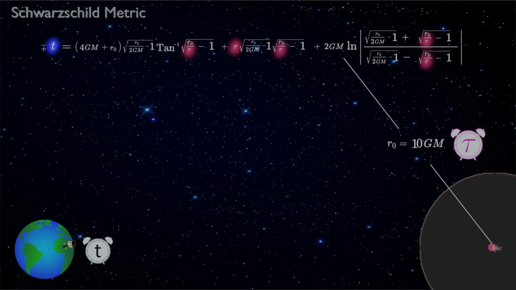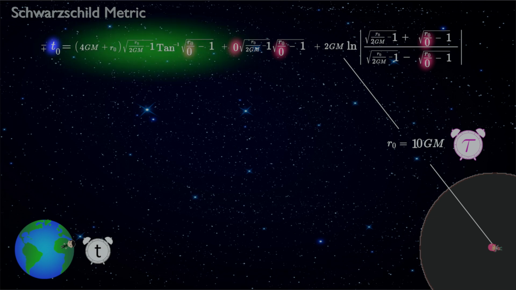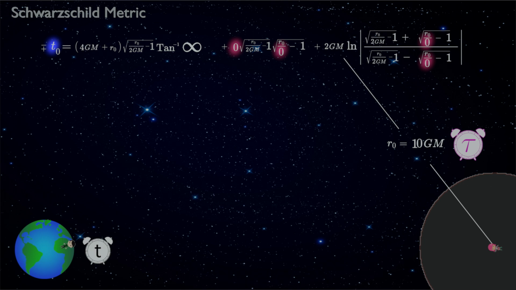Alright, this is exciting. Let's set r equal to 0 and find out how long it takes for Stella to reach the singularity. Looking at the first term, the argument of the inverse tan function is infinity, and the inverse tan of infinity is pi by 2 plus pi times an integer. The second term is 0 by inspection, and the last term is also 0 for the following reason.